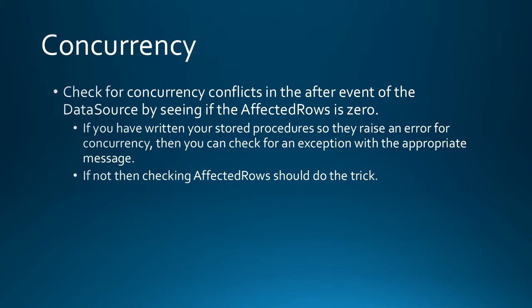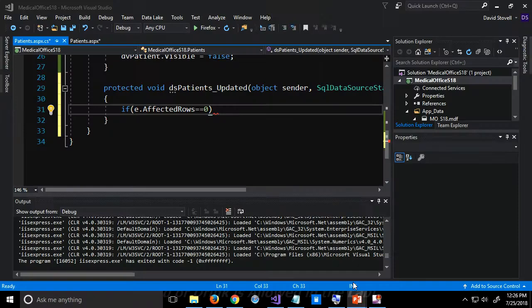If you do that, then in your code in the client, you could look for an exception, check the message, see if there's a custom comment in there about concurrency error, and give a very specific message, right? Failing that, just checking affected rows should do the trick in most situations. If you're confident there's no other reason why you would have failed to actually update, then odds are it's because of concurrency, and you're pretty safe to go ahead and take this simple approach that I'm showing you right now.